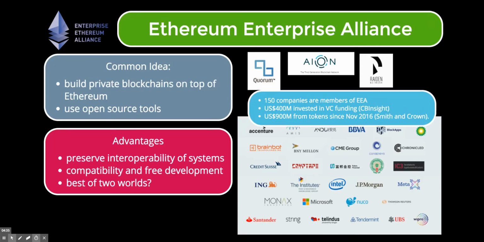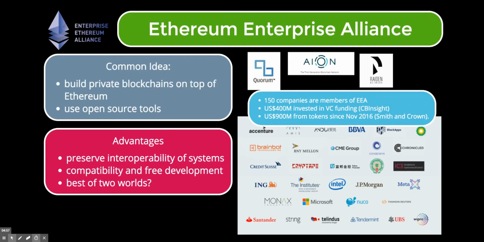Now, the idea is common to most of the implementations that I have read about. The idea here is that you build blockchains or applications on top of the Ethereum blockchain. You use open source tools, and thereby have the ability to access a much larger group of developers and make people want to contribute to an ecosystem.